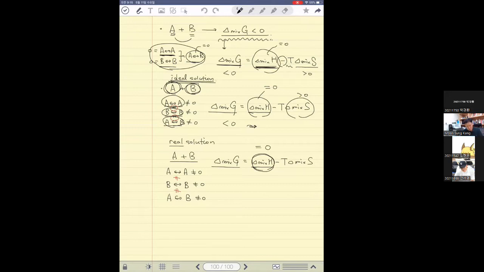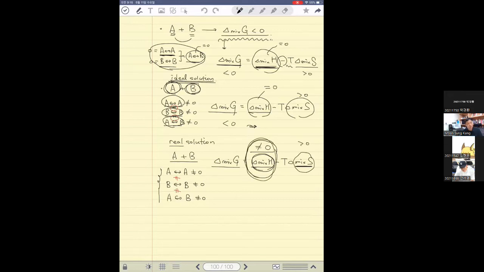It can be zero, but it can also be non-zero. It really depends on how A and B interact with each other. So when this is not necessarily zero, we know that even if it's a real solution, when you mix them, this is always going to be a positive value.